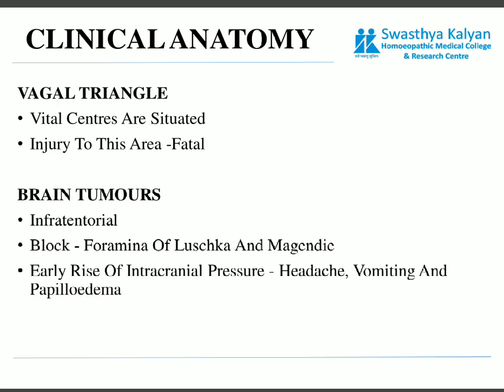So if there is any blockage, this would give rise to increased intracranial pressure, leading to symptoms such as headache, vomiting, nausea, and a condition papilloedema. Papilloedema is basically a condition where the optic nerve is affected. There's compression, swelling of the optic nerve, which would again lead to headache, nausea, visual disturbances, vomiting.